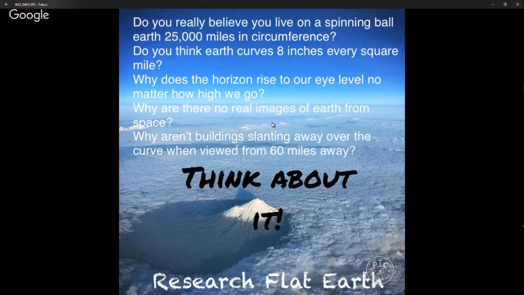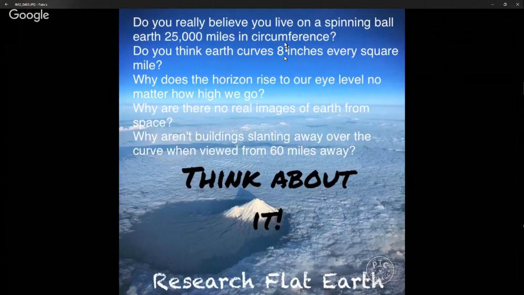Let me take a nip of my drink. Okay. Why aren't the buildings slanting away over the curve when viewed from 60 miles away?